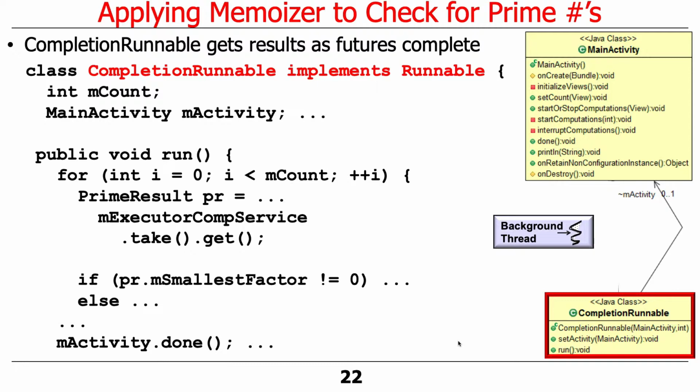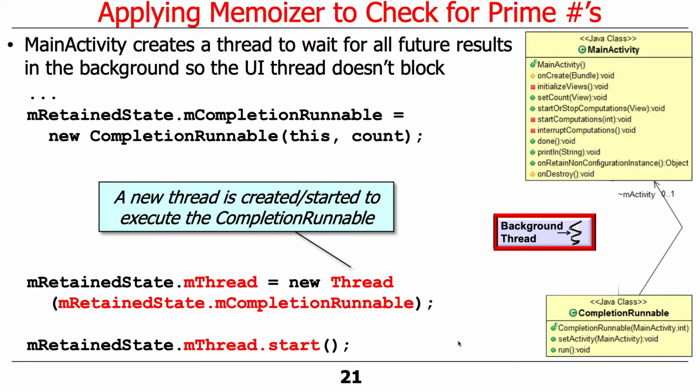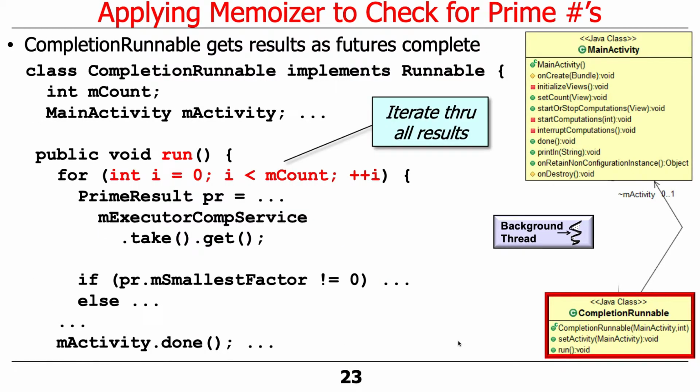Here's the completion runnable class. You can see it implements runnable. So when we start it, that will run. Here is the run hook method. The run hook method iterates through all the expected results, and that's just the number of prime numbers we're checking. So we go from 0, 0 less than m count, which is the number of numbers we expect.